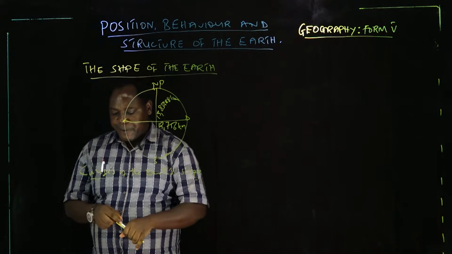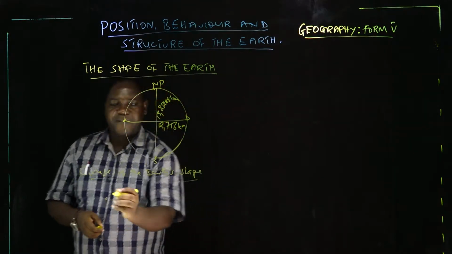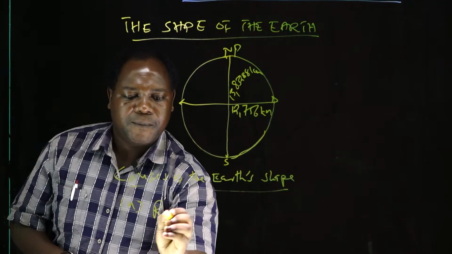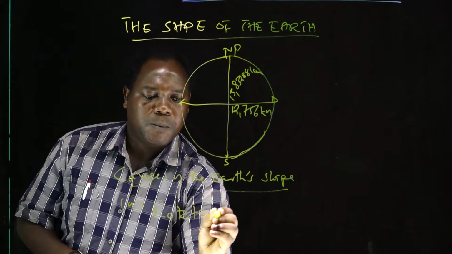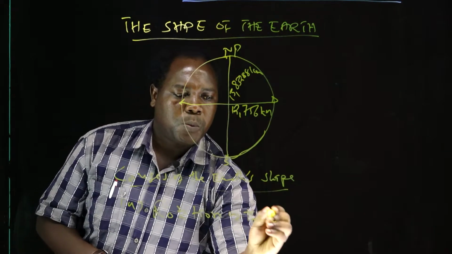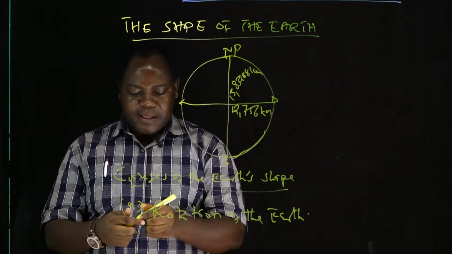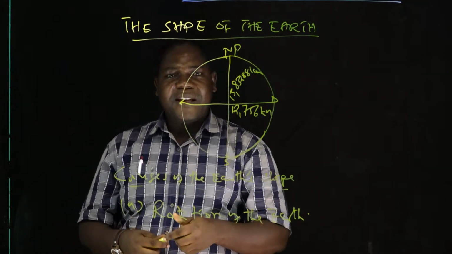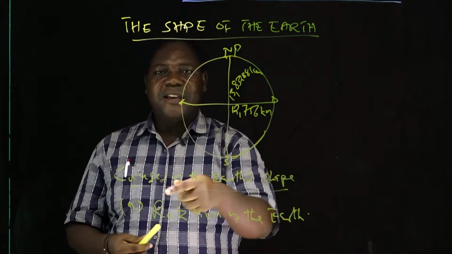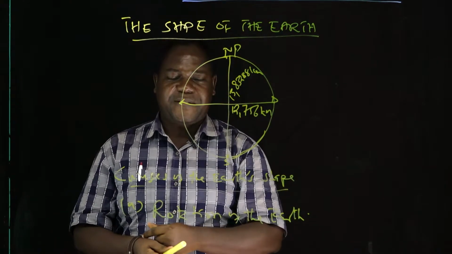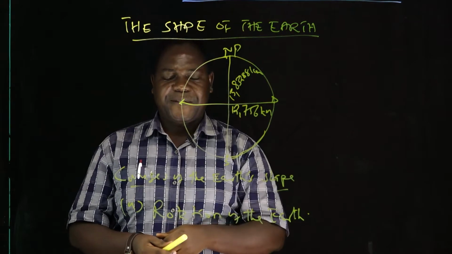The first cause being rotation of the earth. As we all know, the earth rotates, the earth spins on its own axis, west to east.